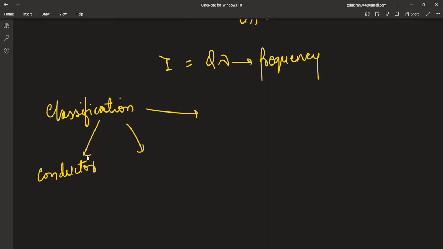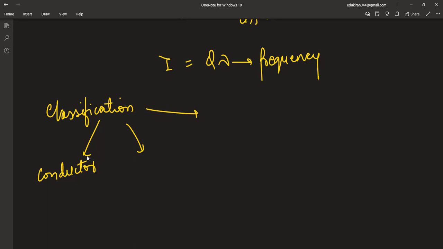So these electrons are almost free to move throughout the body of the material. These are called free electrons, and we also call them conduction electrons. When such a material is placed in an electric field, free electrons move in the opposite direction to the field. Materials which allow this to happen, we call conductors.